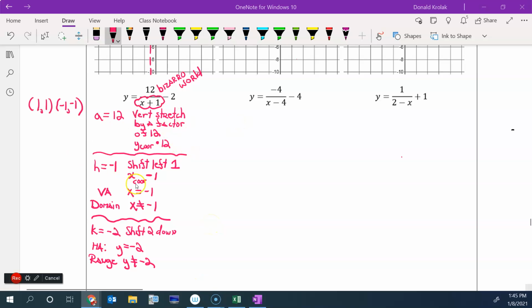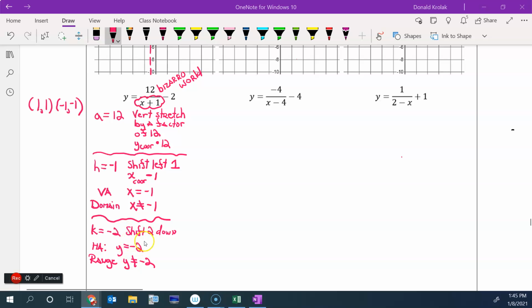If you look up here, guys, there's 2 of these things that have something to do with the vertical aspect of the graph. All right, so on this first one here, this A affects something that's vertical about the graph, and then the K affects something that's vertical about the graph.